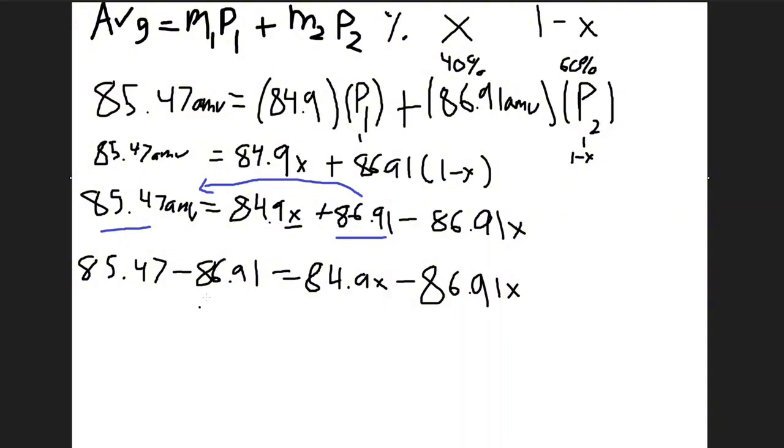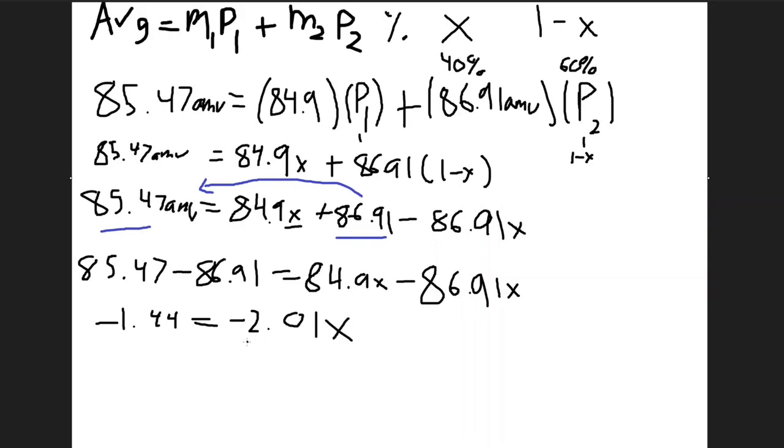Now that we have this, we can just do the calculations. 85.47 minus 86.91 is negative 1.44. 84.9 minus 86.91 gives us negative 2.01x.